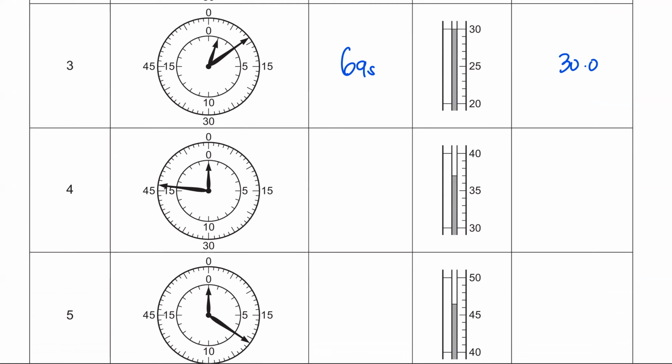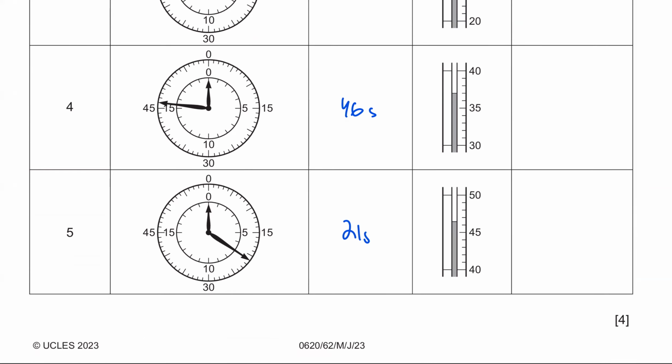Oh, sorry, I was reading 5. The upper one is 46, and the other one is 21 seconds. What are the thermometer values? For this one it is 37.0, and the next one is 46.5.